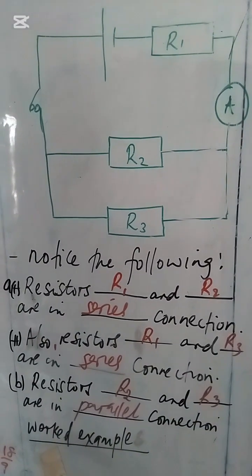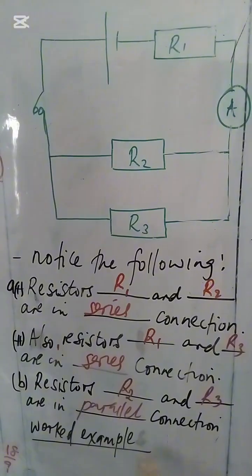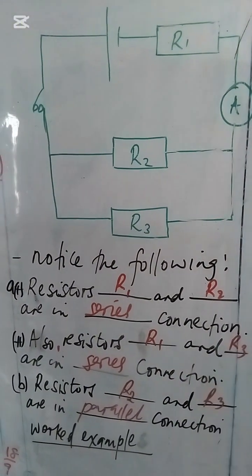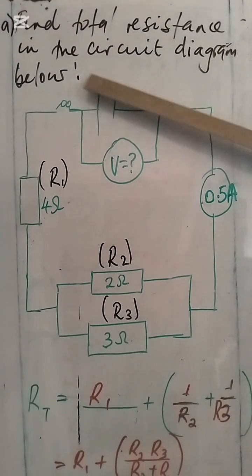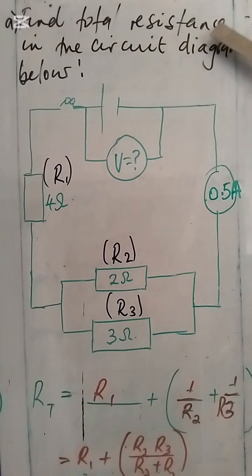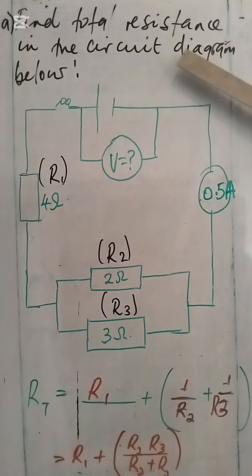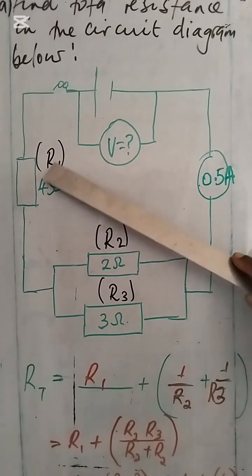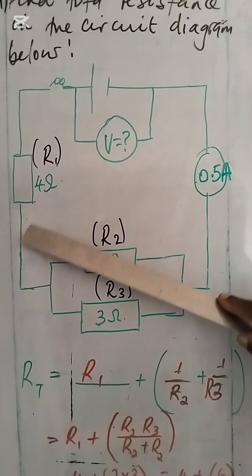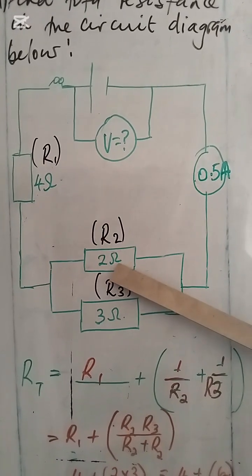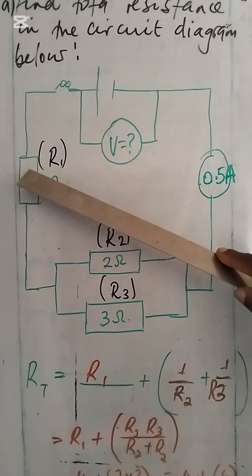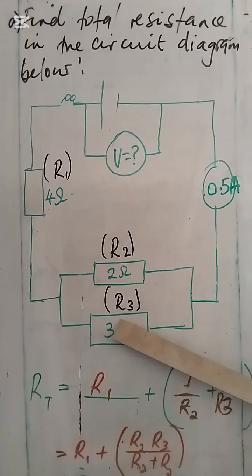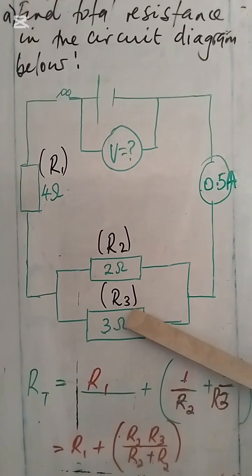Then let us now work out the problem involving resistors in both series and parallel connection. The example is find total resistance in the circuit diagram below, we have resistor 1 in series connection to R2 and R3.